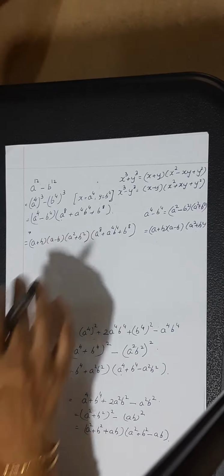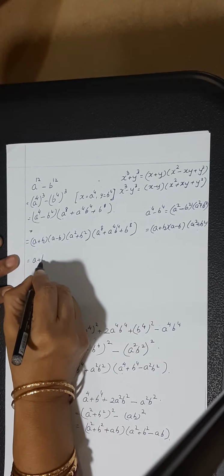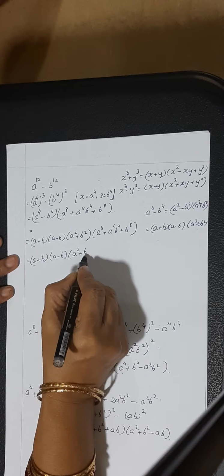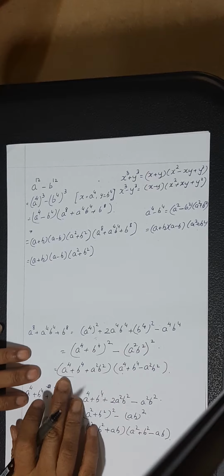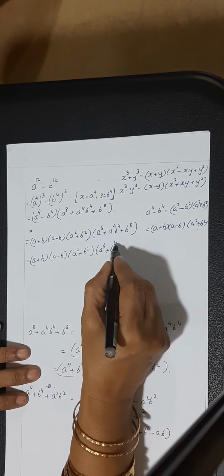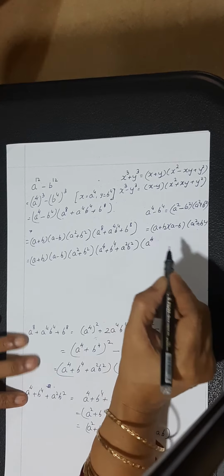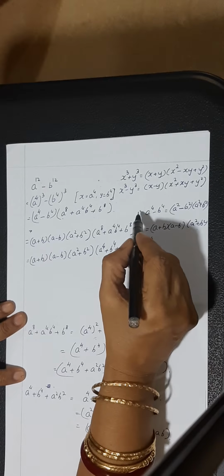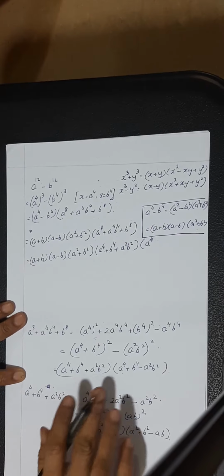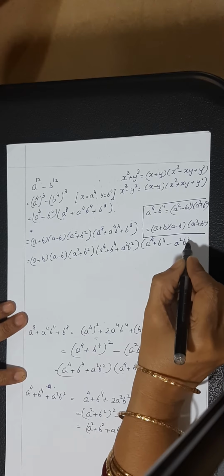So now we can write this here. This will become a plus b into a minus b into a squared plus b squared. Now this will become a to the power of 4 plus b to the power of 4 plus a squared b squared into a to the power of 4 plus b to the power of 4 minus a squared b squared.